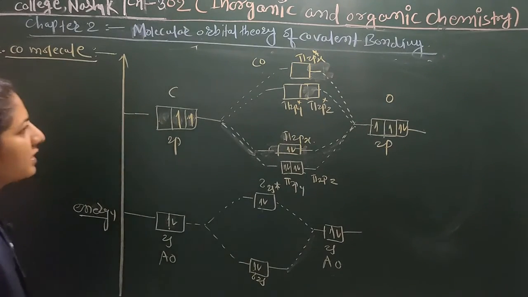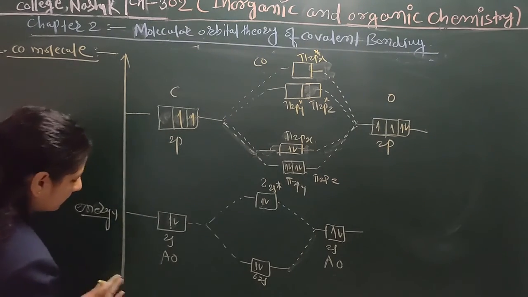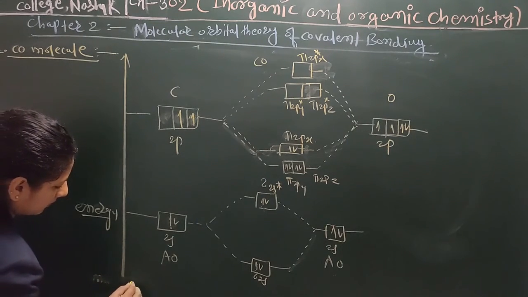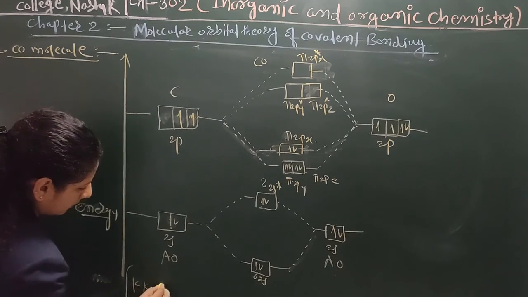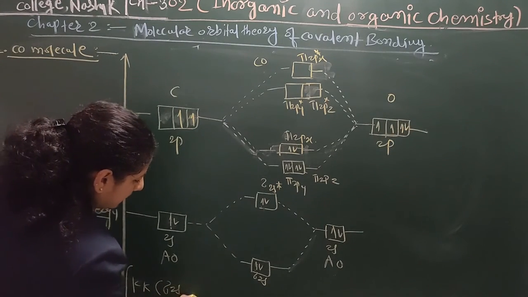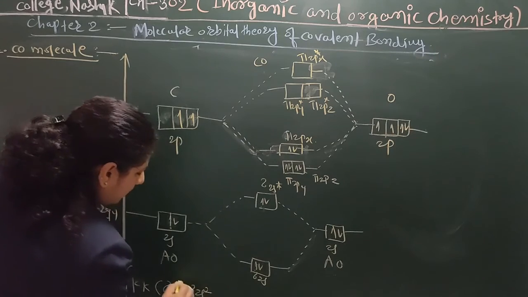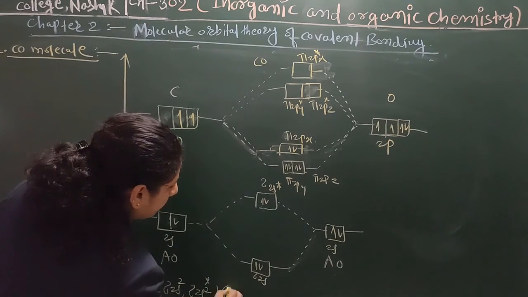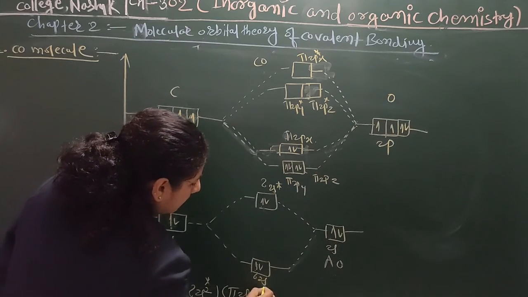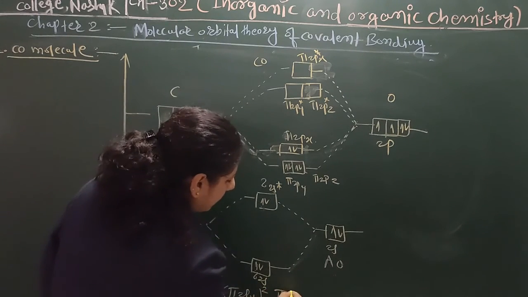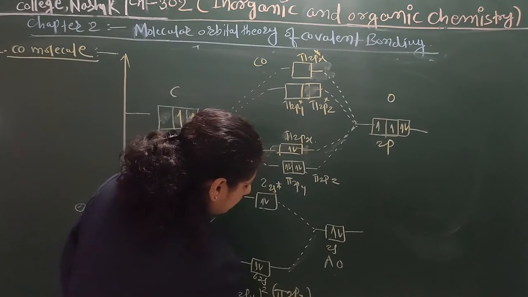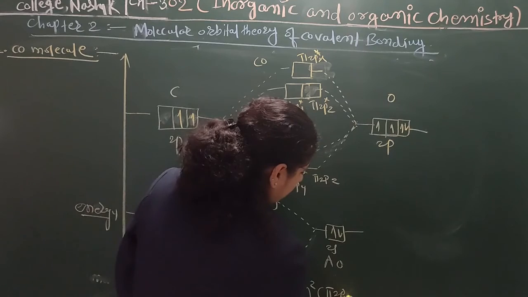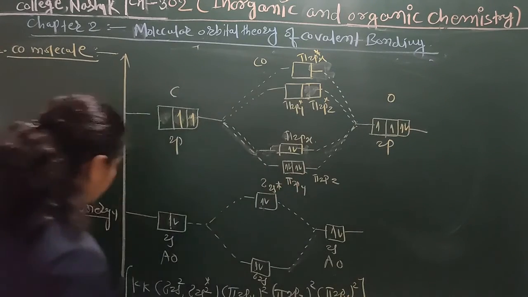As we know, the molecular electronic configuration of CO is sigma 2s 2, sigma star 2s 2, then pi 2py 2, pi 2pz 2 and pi 2px 2 orbital here.